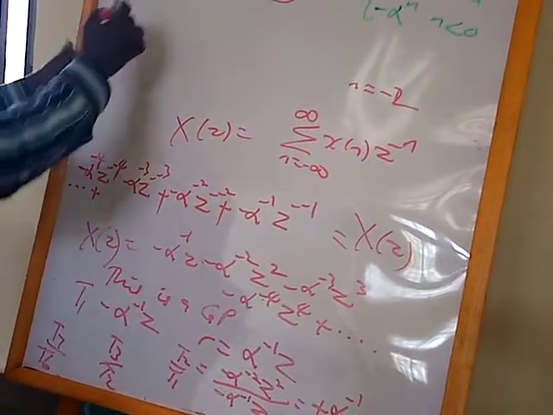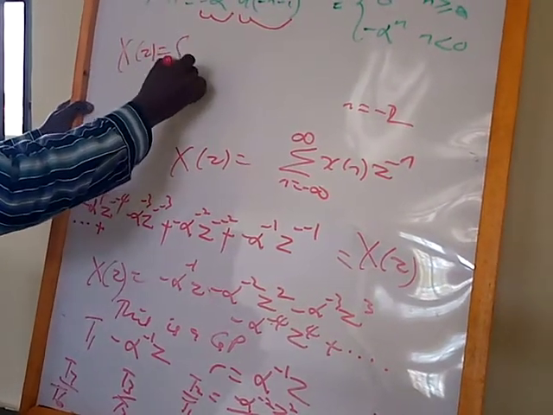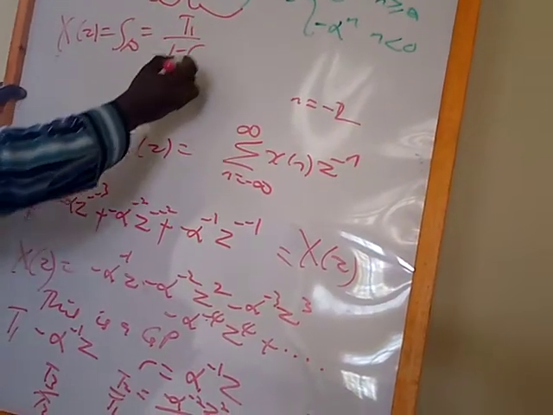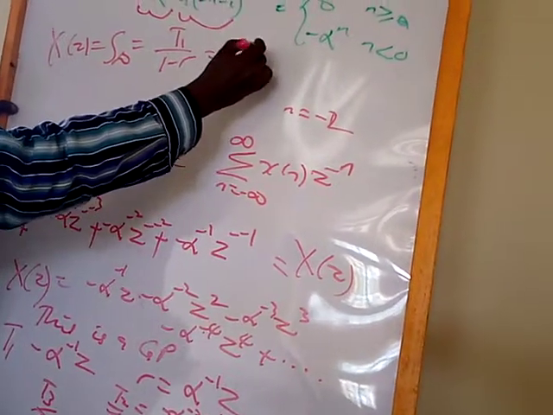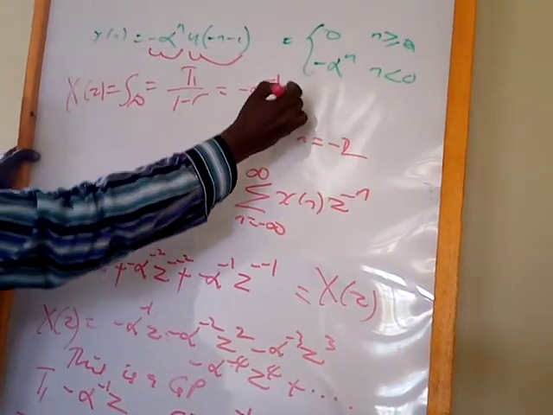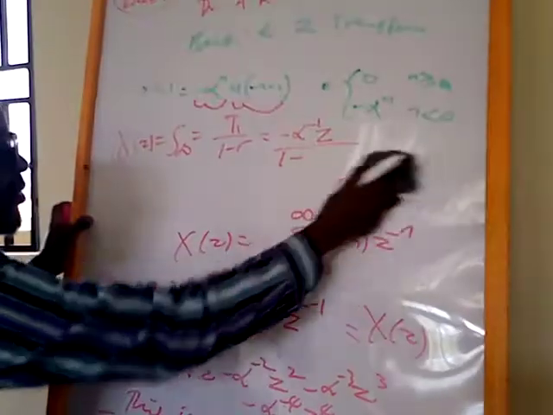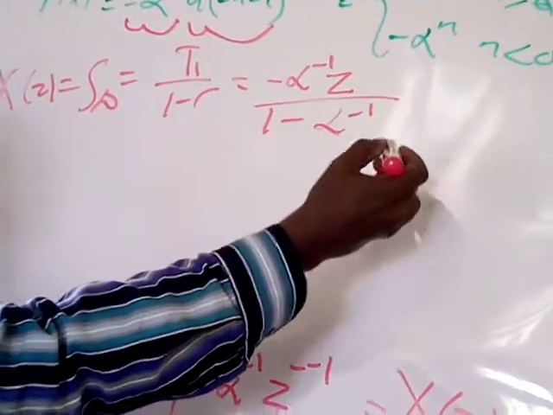Sum to infinity of a GP is going to be S infinity, which is T1 over 1 minus r. T1 is what? Minus alpha minus 1 z, over 1 minus r. What is r? Alpha minus 1 z.